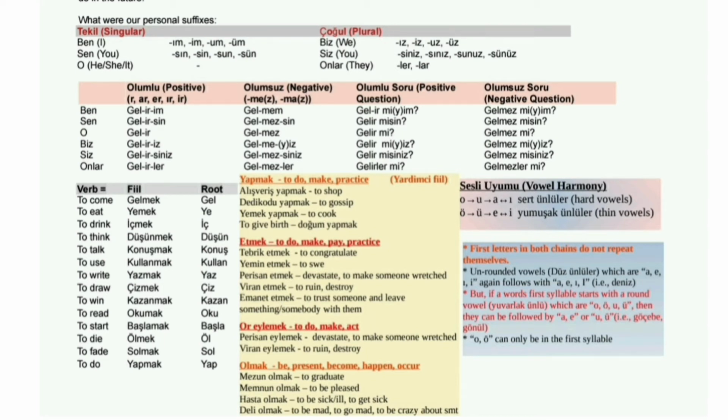To change in the tense, you can use the root ye. İçmek, to drink. What's the root? İç. Düşünmek, to think. This is the root, düşün.